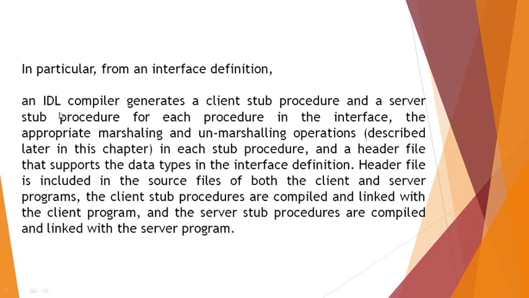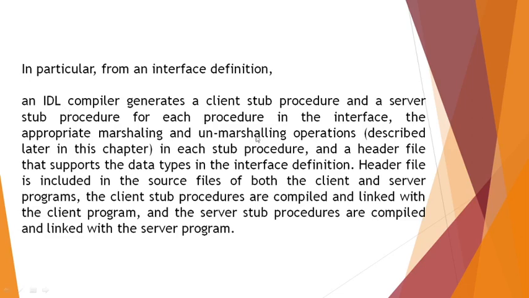So in general, the IDL compiler will generate the client stub procedure and server stub procedure, and also the appropriate marshalling, meaning packing the arguments, and unmarshalling operations in each stub procedure, also generated by the IDL compiler itself.